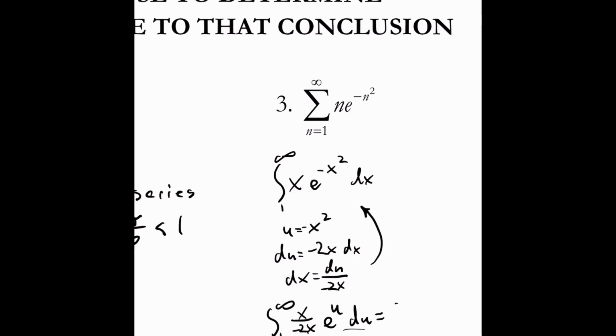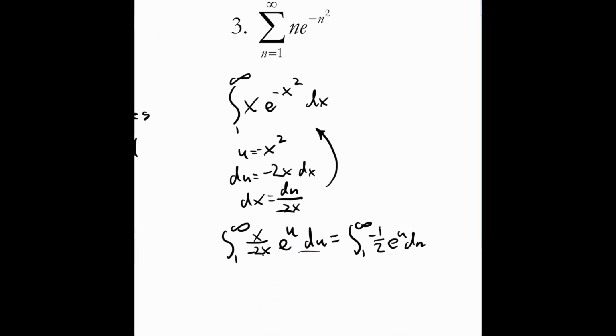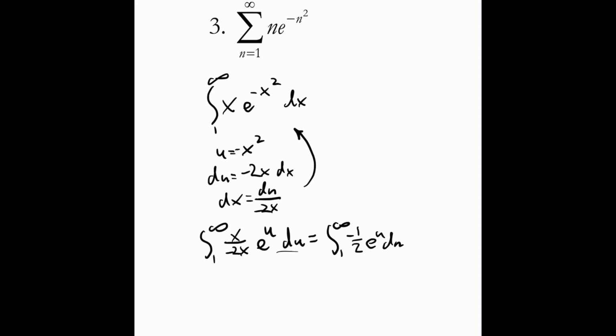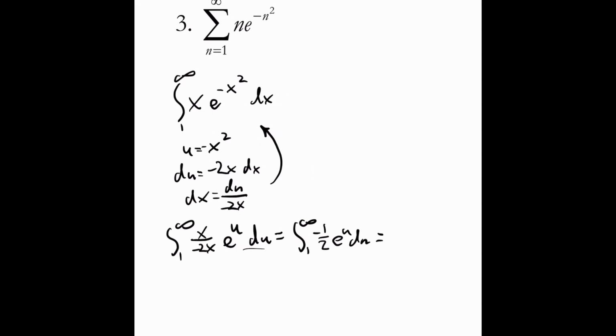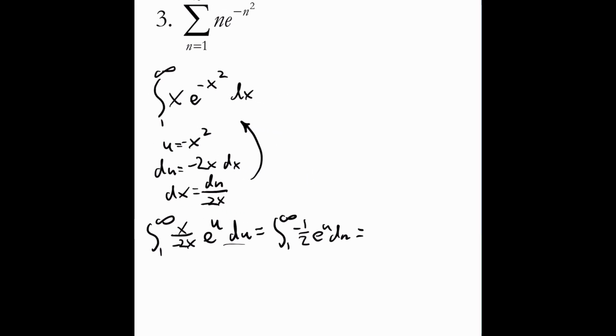As we notice, this is just the integral of negative 1/2 e to the u du, which means we get, right, the antiderivative of e to the x is just e to the x, so the antiderivative of e to the u is just e to the u, and our constant sticks around.